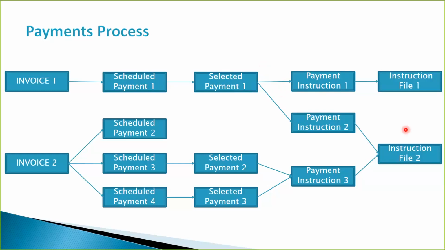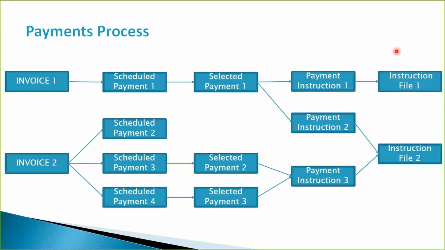Once you do your payment, you'll have maybe a blank checklist sitting somewhere in the printer. The instruction file is whatever is sent to be printed on that checklist, which will have the name of the vendor and the amounts that are going to be paid to that vendor.